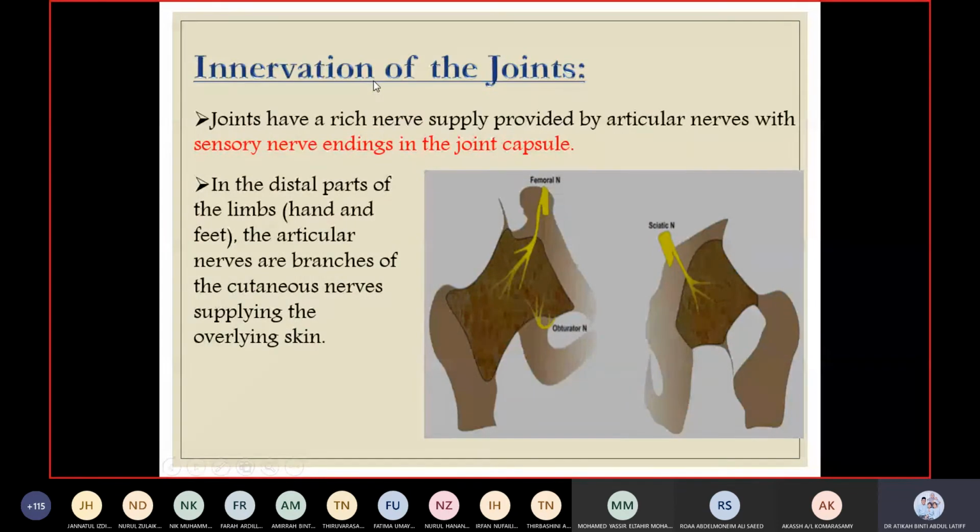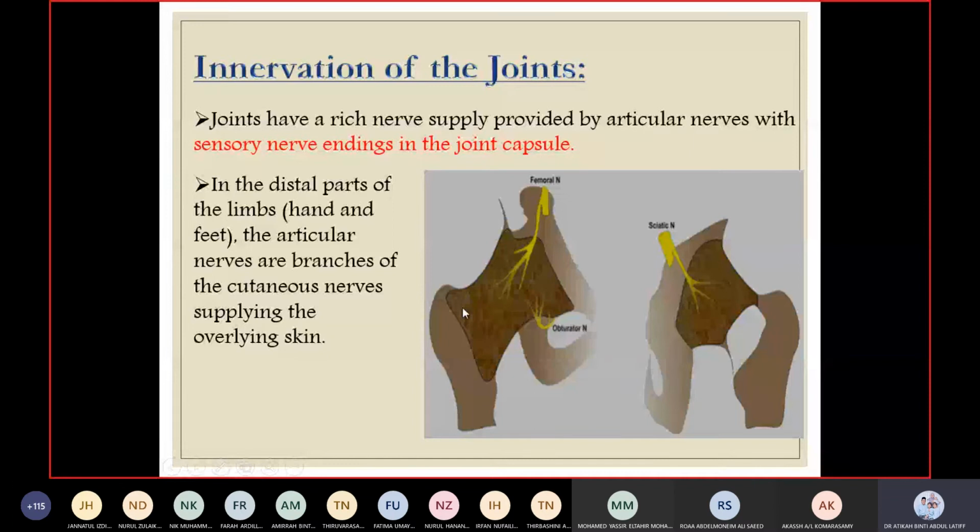So next is the innervation of the joint. How does the joint receive nerve endings? Similarly, the nerve that supplies the bone of the joint will give off branches inside the joint area.